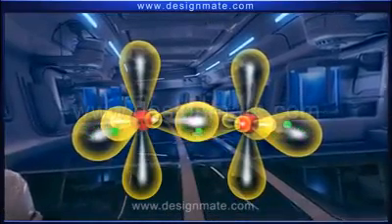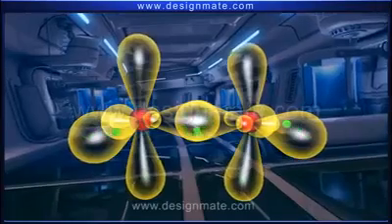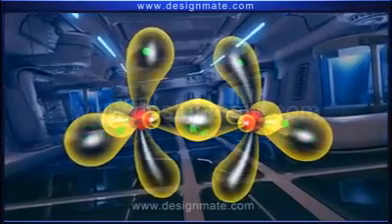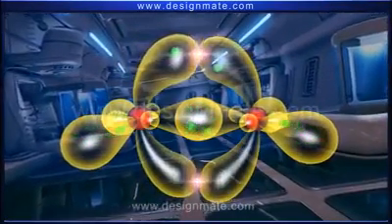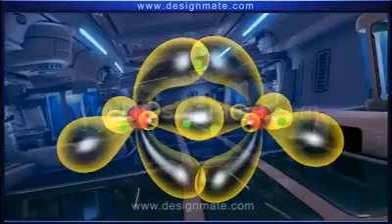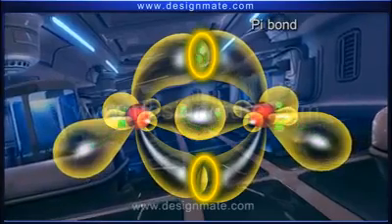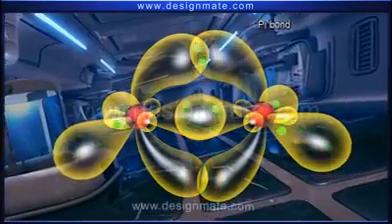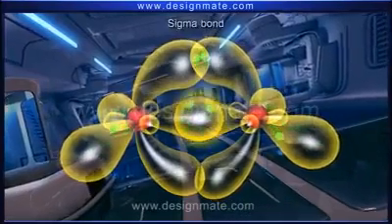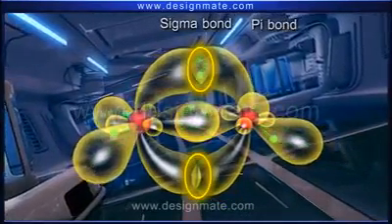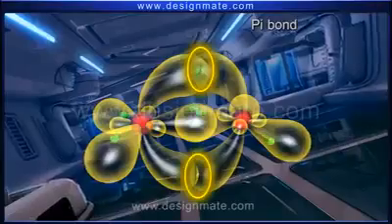At this stage, the unhybridized p orbitals which lie above and below the plane of the sigma bond also come very close to each other and overlap laterally, resulting in the formation of a pi bond between the two carbon atoms. Thus, there exists one sigma and one pi bond between the two carbon atoms.